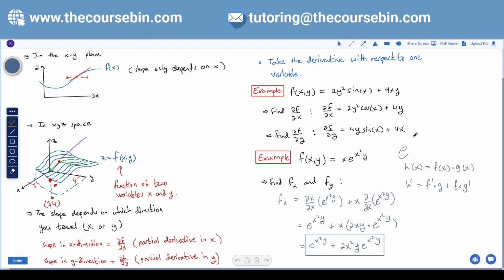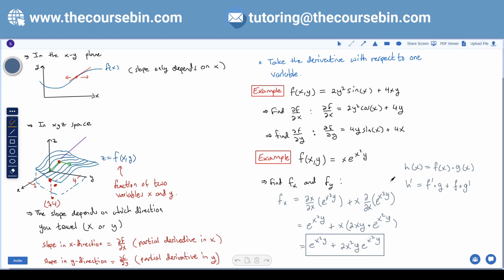Yeah, e to the power of x squared times y. The x squared times y is in the exponent. So we're differentiating that entire function, e to the exponent x squared y. That's one whole function. So we're doing the partial derivative of e to the power of x squared y? Yeah.